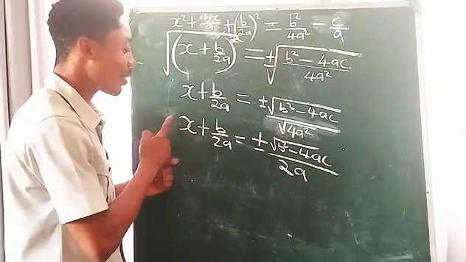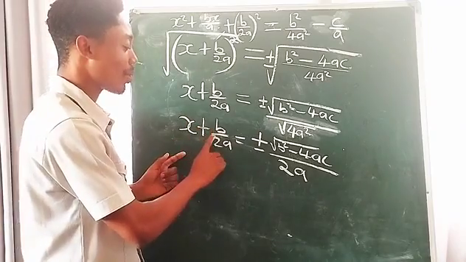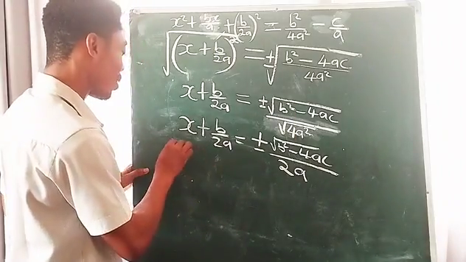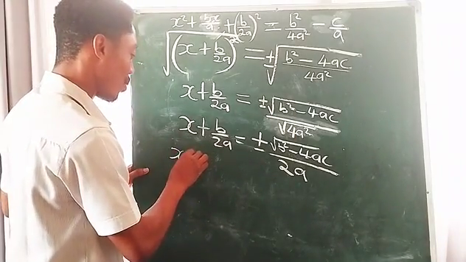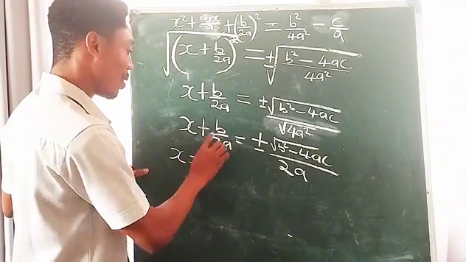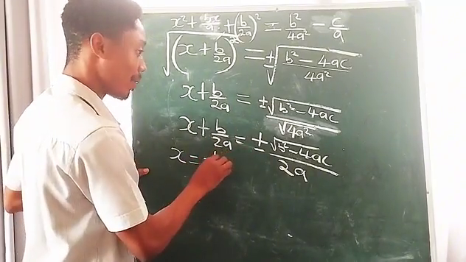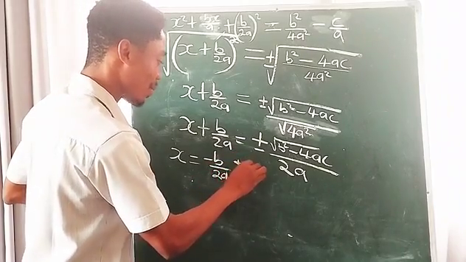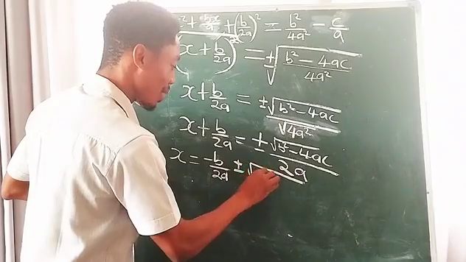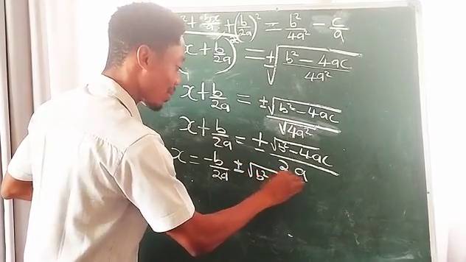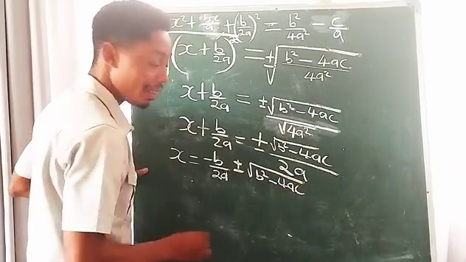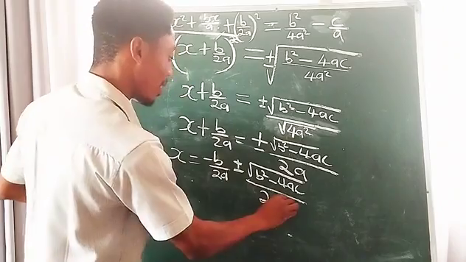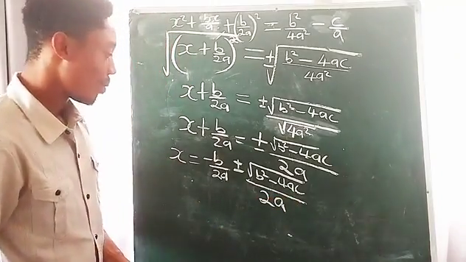So we make x the subject by taking plus b over 2a to the right hand side, and this crosses and becomes minus b over 2a, plus or minus the square root of b squared minus 4ac, all over 2a.